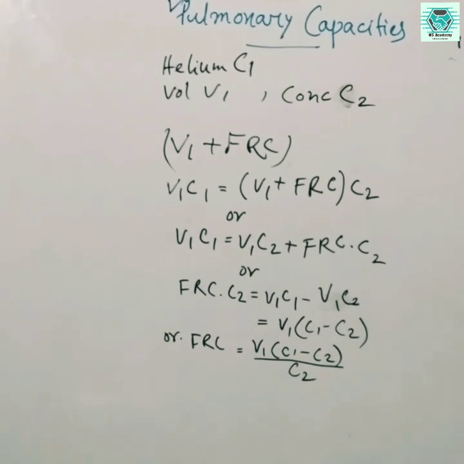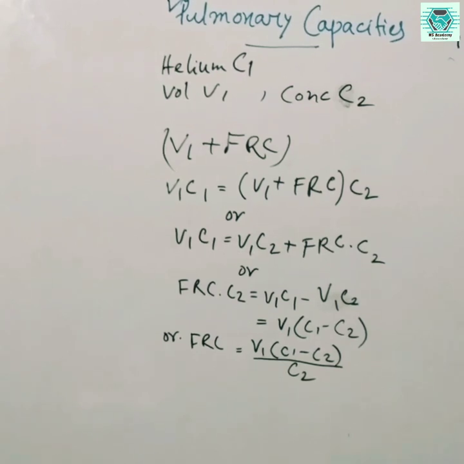In actual practice, a gas mixture of air, oxygen and helium is made in a cylinder. The initial concentration is noted, then the patient is connected to the cylinder at FRC and allowed to breathe from the mixture. A helium sensor measures the concentration of helium continuously.